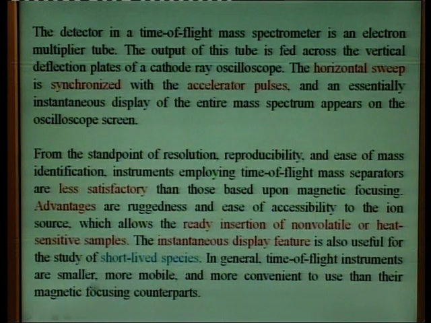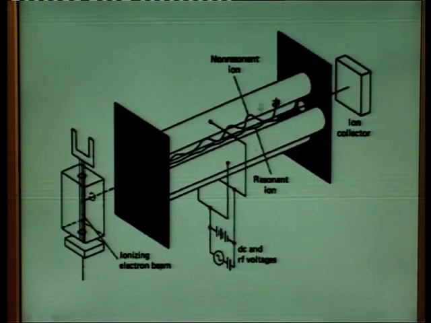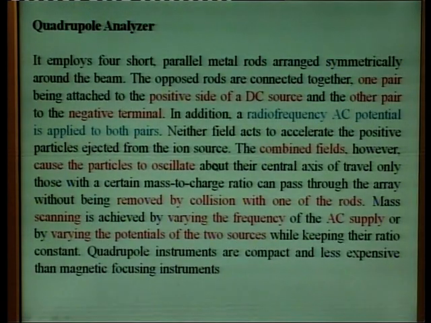So, they are smaller, more mobile and more convenient to use. Then the quadrupole analyzer. Now, if you see this, there are 4 rods which are put in the path of these ions.